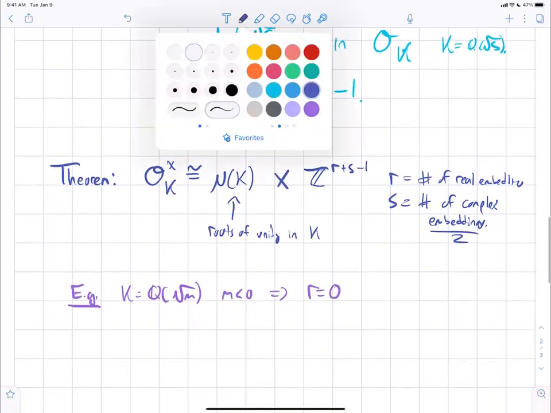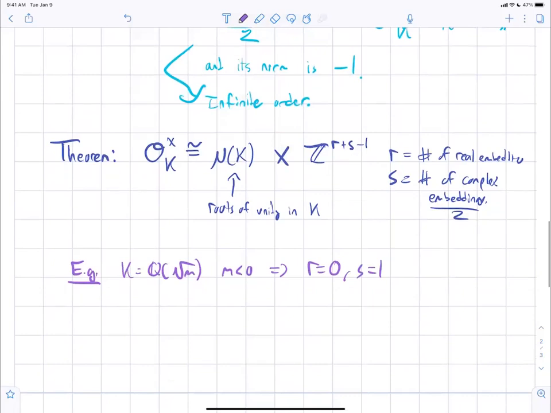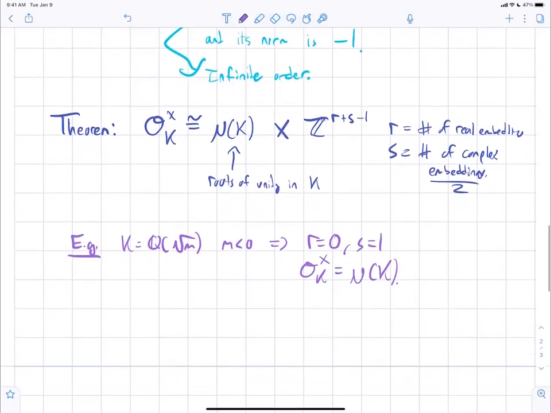So there are no real embeddings, and there are two conjugate complex embeddings. When I say complex embedding, I mean an embedding into the complex numbers that doesn't factor through the real numbers, and those come in conjugate pairs. So in this imaginary quadratic case, O_K^× is just the roots of unity in K, which we already discussed above. That just covers what we had.